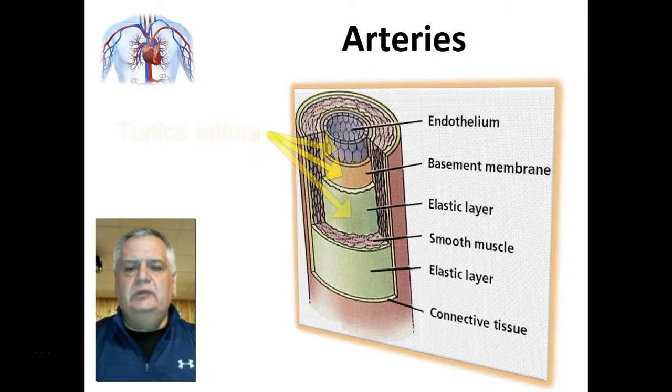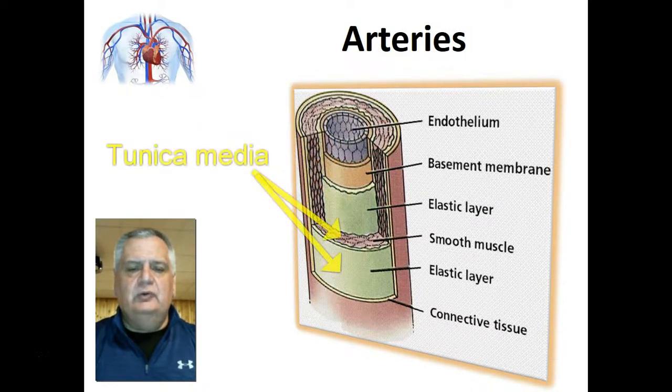Moving from the tunica intima, we go to the tunica media. And the tunica media is made up of smooth muscle tissue and once again another layer of elastic tissue. This layer of elastic tissue is a little thicker and is oftentimes referred to as the external elastic layer or lamina.